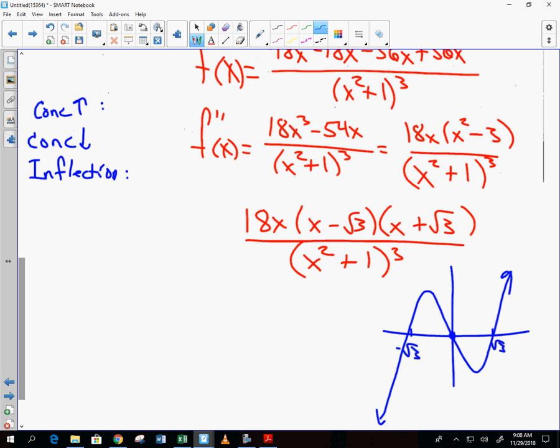Where is the second derivative positive? Negative root of 3 to 0. Excellent. Where is it concave down? Negative infinity to negative root of 3, union with 0 to root of 3.